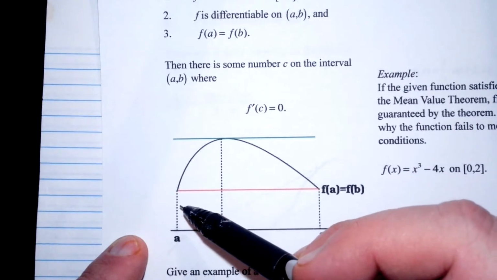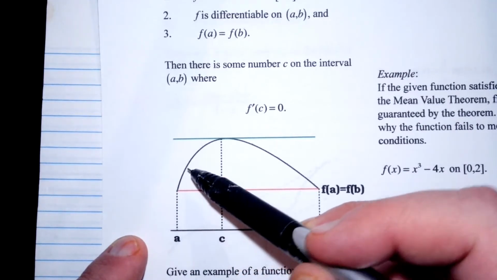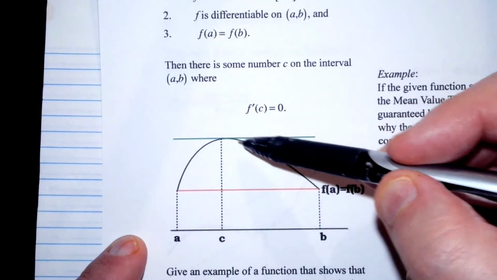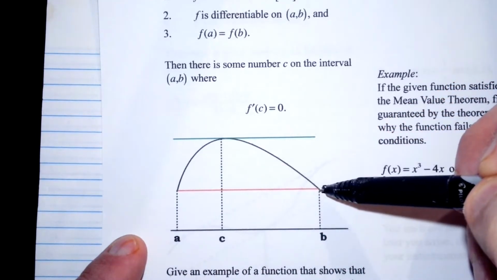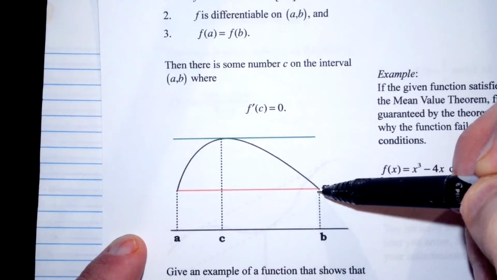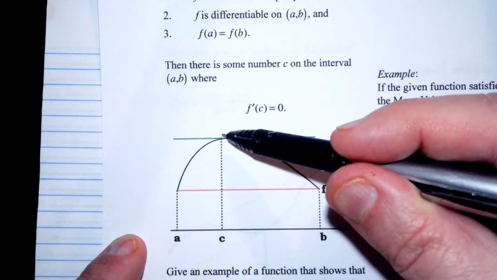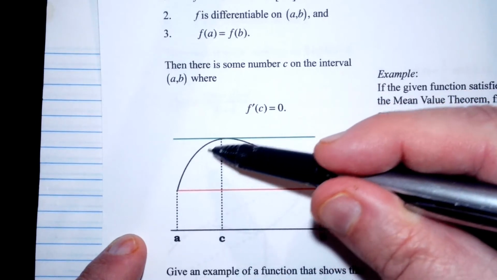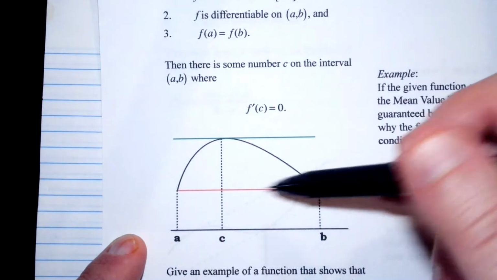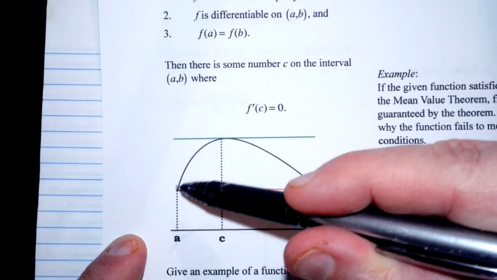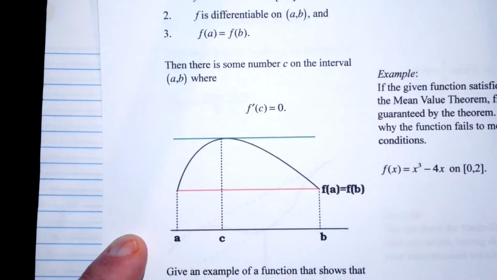But what if the graph doesn't go straight across? Suppose it goes up. If it goes up, it's going to have to come back down to make the y-coordinate at this end the same as the y-coordinate at that end. And the turning point is not allowed to be a cusp. It has to be a smooth transition from going up to coming down. And so where the transition occurs, the derivative is going to be 0.